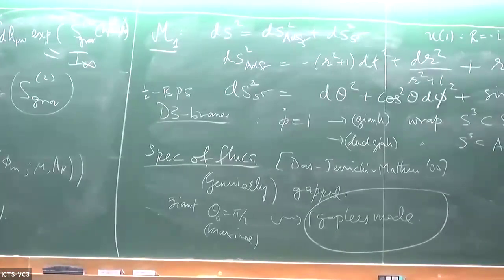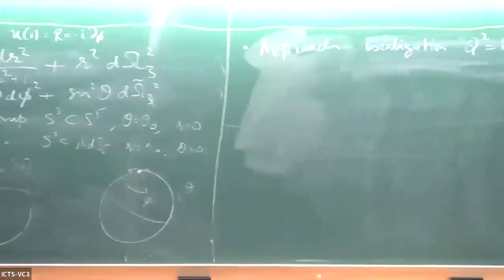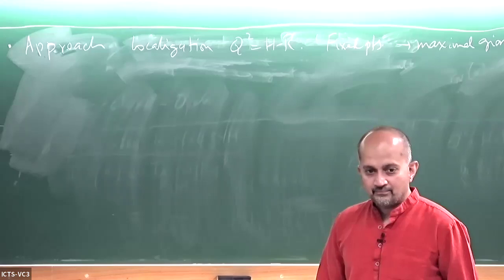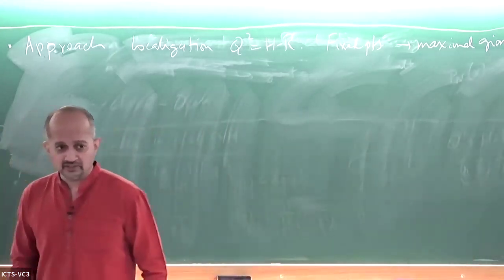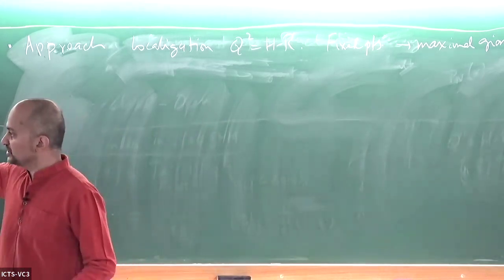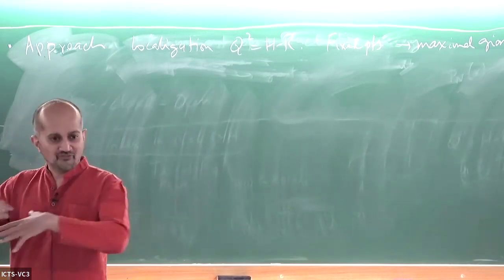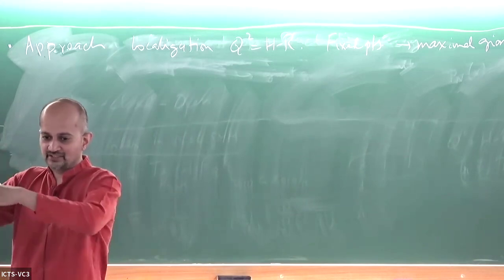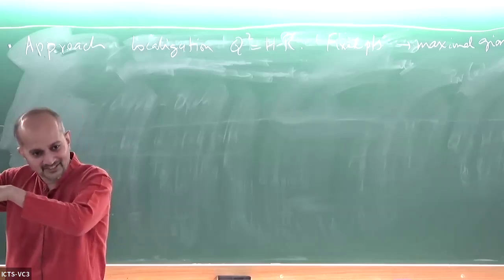So you're saying in the localization approach, only the maximal giants contribute, but secretly they have the contribution of everything else. Without localization, if you use large N and include the Q to the R term and solve the equation of motion, it will also tell you to go to a sector where there's only maximal charge, because I'm putting a linear term in.